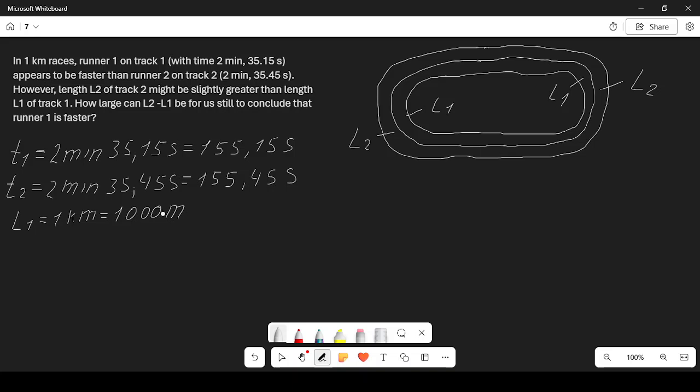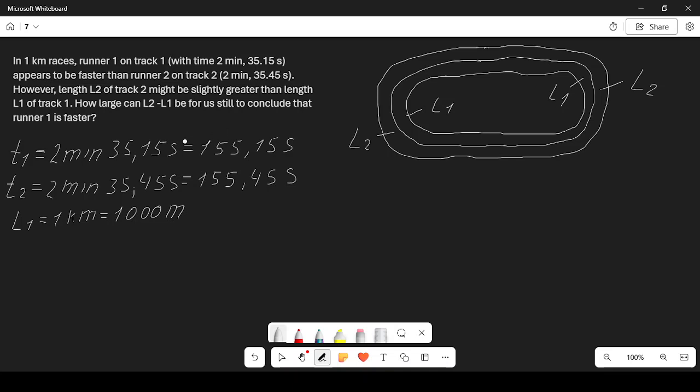And the question is, how much longer could track number 2 be so that we could consider that runner number 1 is faster. We know the distance which runner number 1 ran, and we know the time. What can we find? We can easily find his speed.